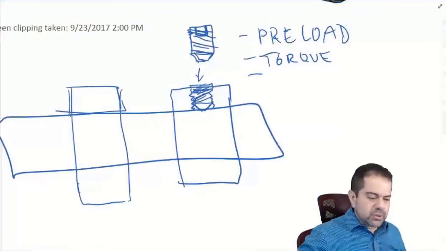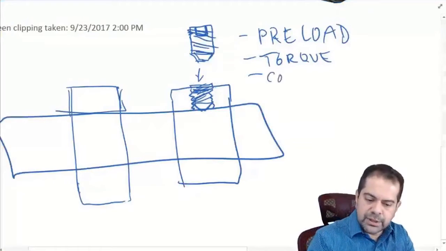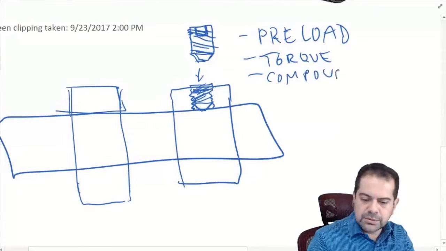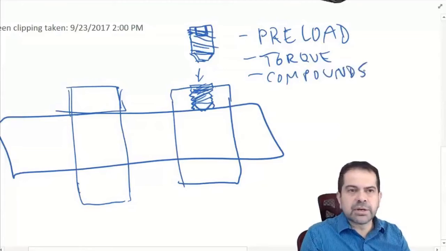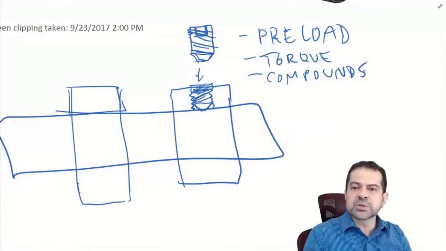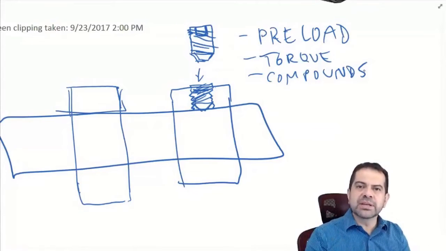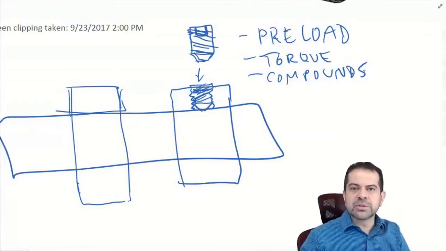Okay, so we have torque and we have compounds. That would be a chemical approach to it. And there are others. I'm trying to go fast so we cover everything. Remember, these sessions are kind of a good overview with a little bit of a focus on something, but we're going to be bouncing around because as I talk about these things, ideas pop into my head that I think, okay, they need to know this, they need to know that.